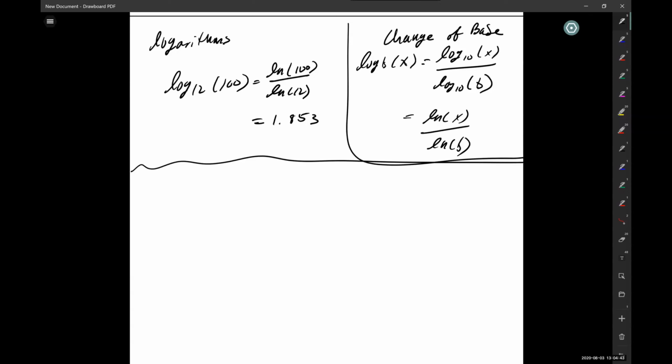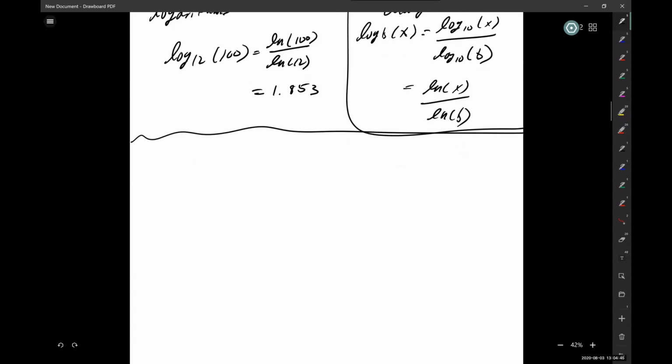The other thing we want to look at is the properties of logs. The three big ones, we've already used one of them already, but in general, if you have a multiplication inside of a log, you can break that up using addition.